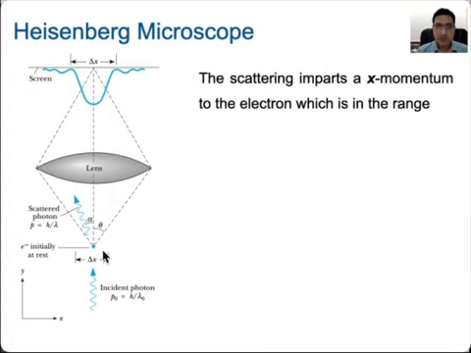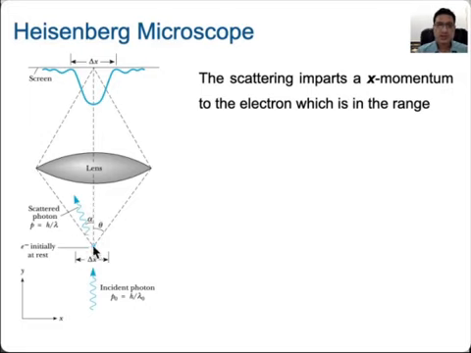Okay, so now when this light is scattered from this electron, it will impart some momentum, and because your light is coming along this direction, and this is your angle theta, we can calculate the component of momentum that has been imparted to this electron. So it is easy: this is your h over lambda naught, or this is your h over lambda, this is the scattered photon, this is the angle theta.